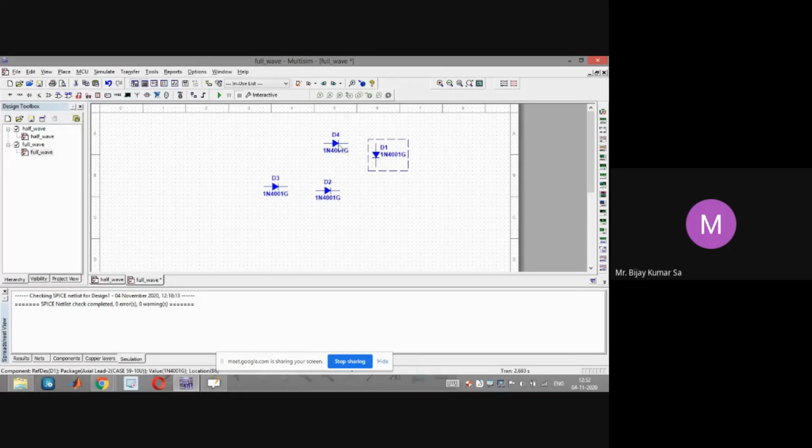How will a bridge type rectifier look like? I need a load resistance also. I should bring a resistance also.